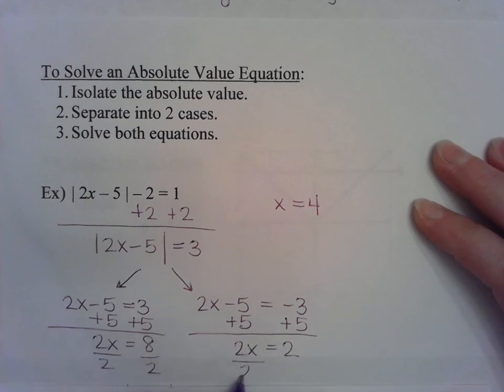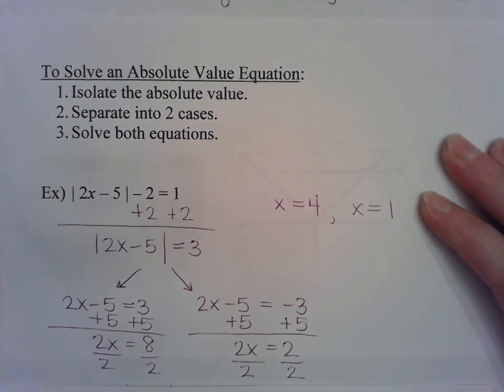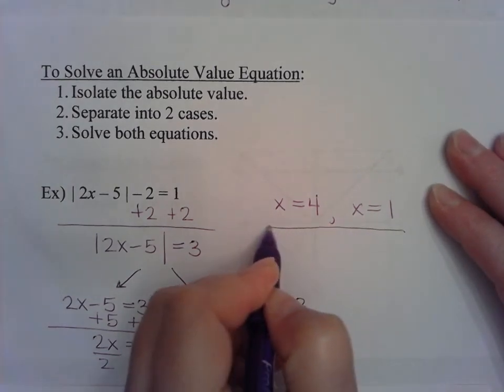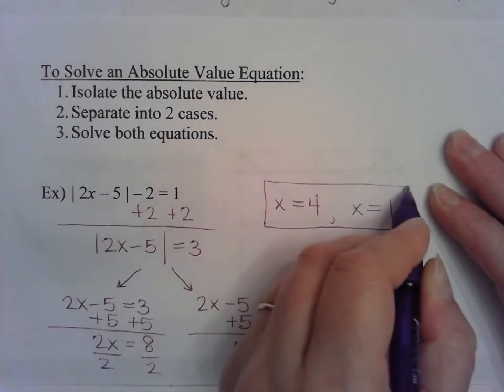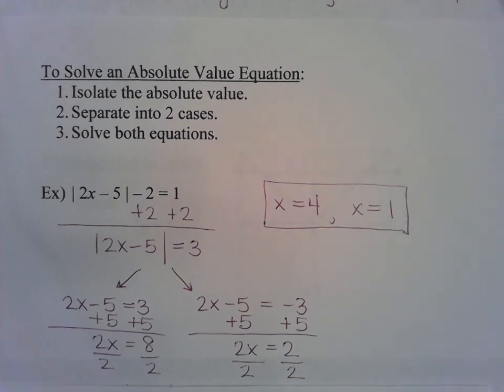And divide both sides by 2. So I get two answers, x equals 4 and x equals 1. Okay, so that's the process to solve with an absolute value. When I have an equal sign, I break it up into those two possibilities.